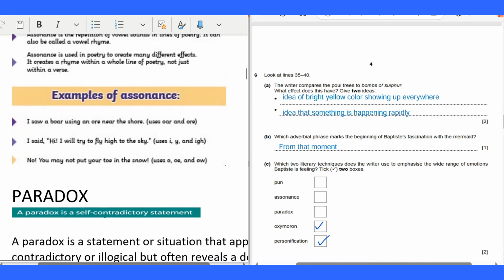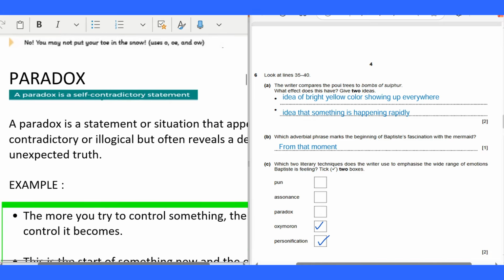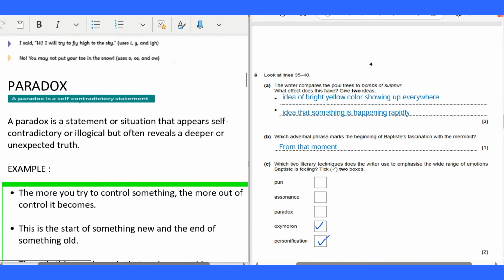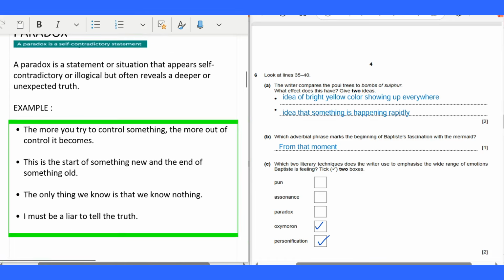Right, what is paradox? Paradox is a self-contradictory statement. So it's a statement or situation that appears self-contradictory or illogical, but often reveals a deeper or unexpected truth. Let's see the example.